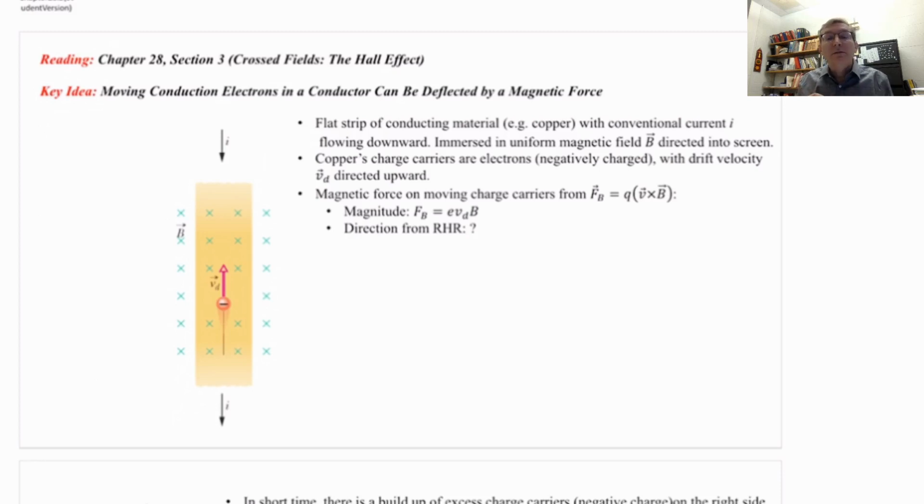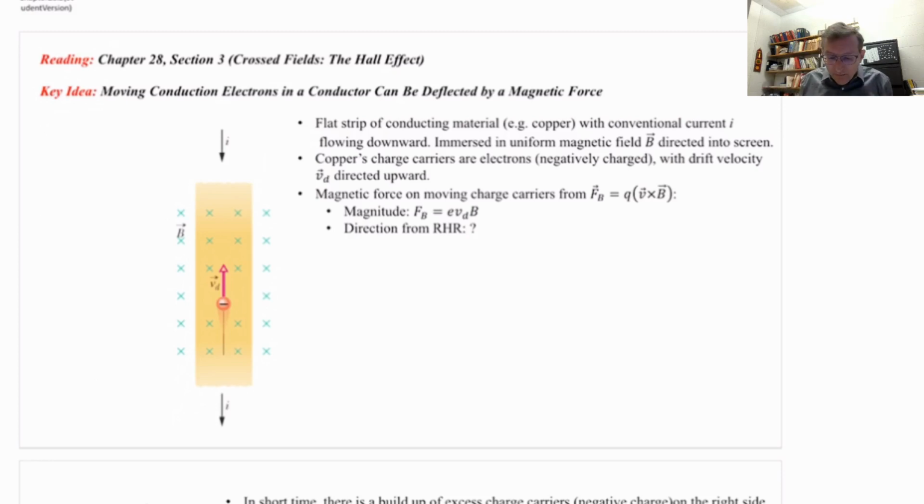In other words, it's really a continuation of the previous section. We're going to talk about a situation where the electric field and the magnetic field, those two fields that our charged particle is in, are crossed, which remember means perpendicular to each other.